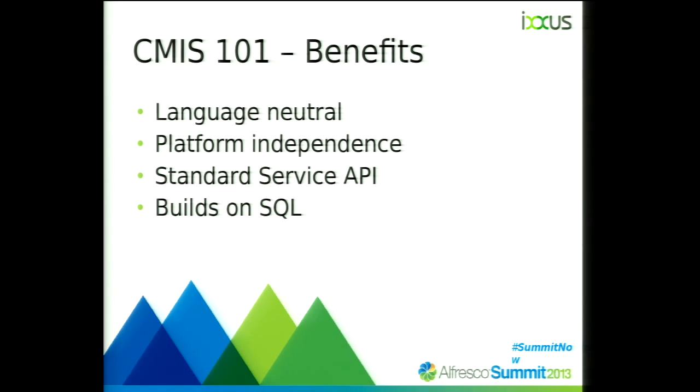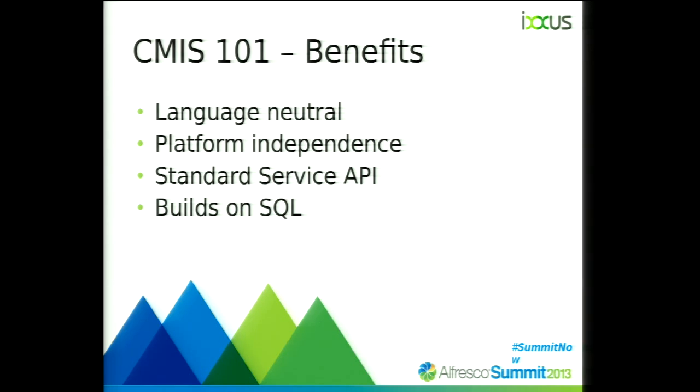Benefits. There are loads of benefits to using a standard. So you're language neutral. What does that mean? I've been using different kinds of architecture for quite a long time, all the way back to CORBA in the 90s, and it's always been about language neutrality.